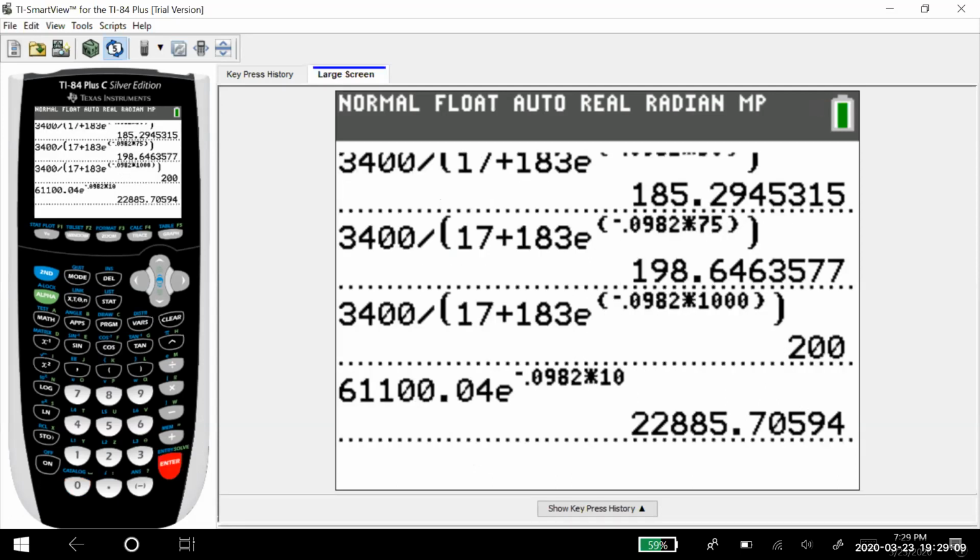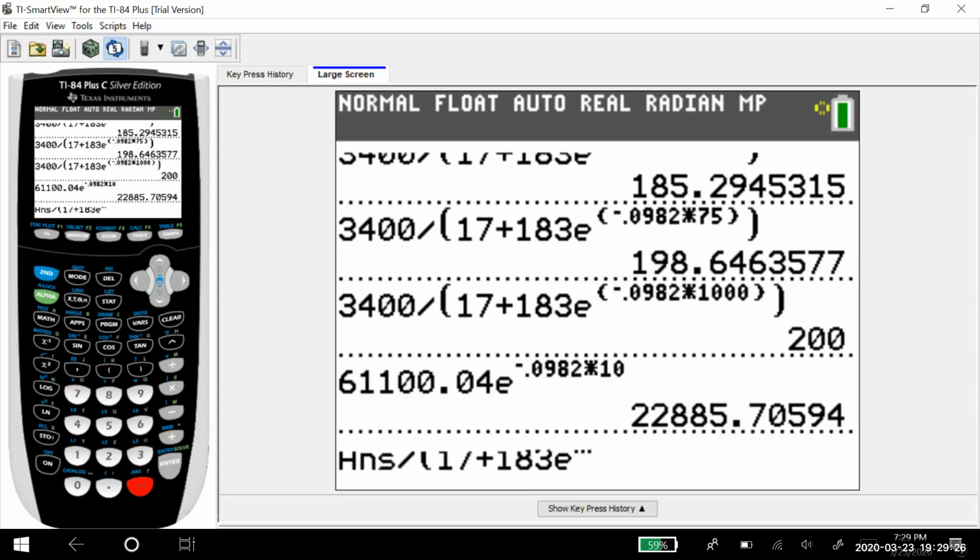So there's the numerator. The whole thing I'm going to do divided by. I don't have to re-enter the number, just hit divided by and it'll pull up the number for you. Now in parentheses, I've got my 17 plus 183 e to the negative 0.0982 times 10.